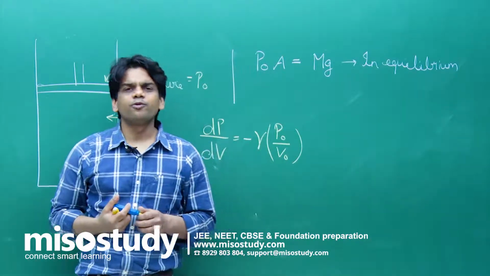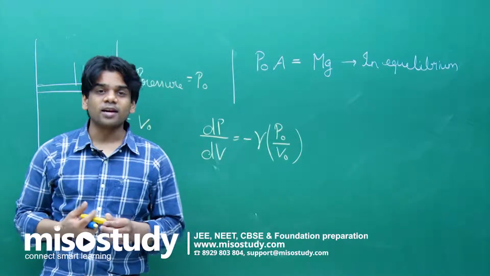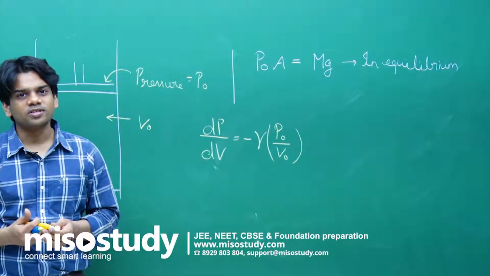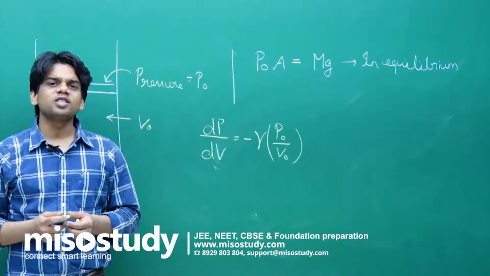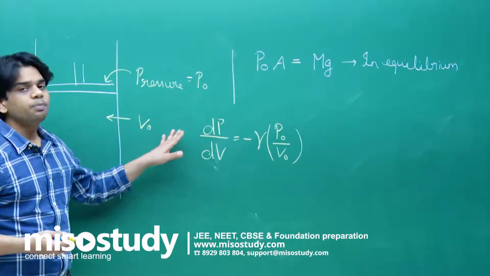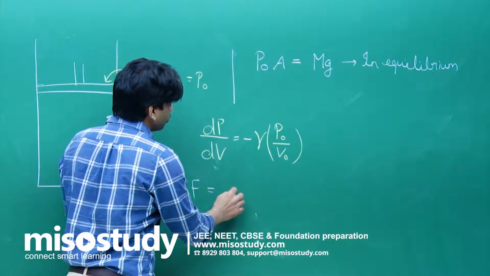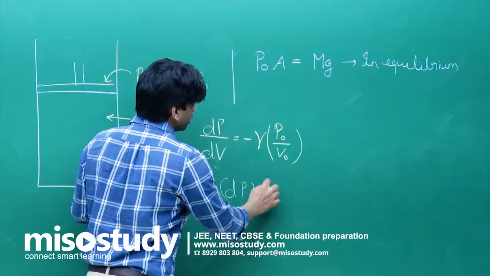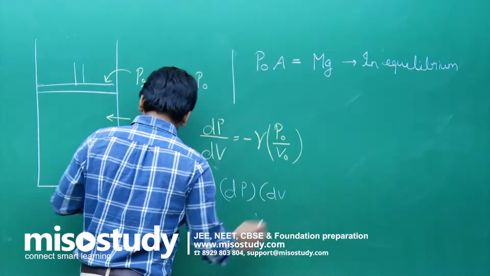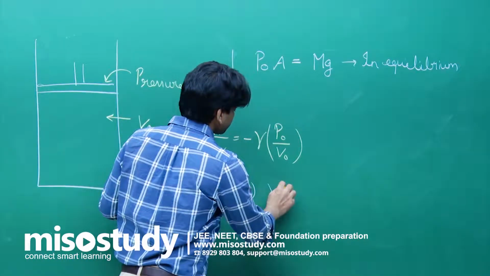We all know that force is equal to minus K into X. If by any means we come to know the value of force when the piston is displaced, the extra force will come out to be dP into A. So F will come out to be dP into A. That is what you are going to get.